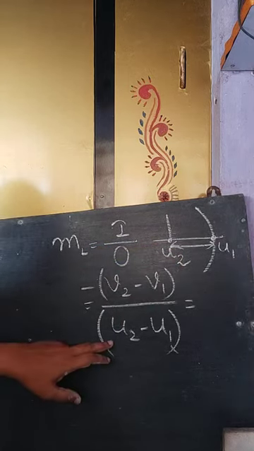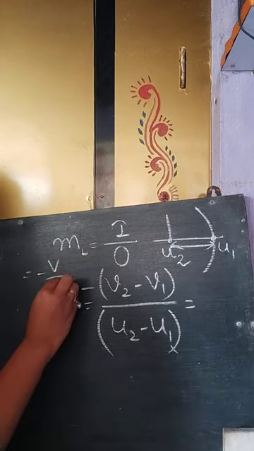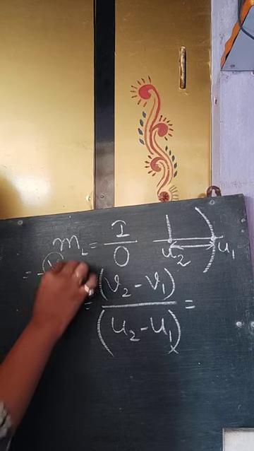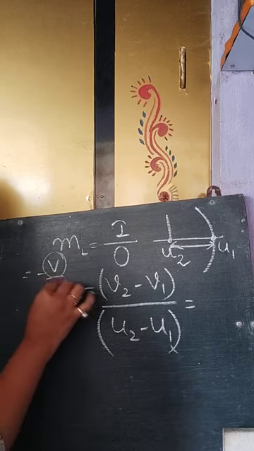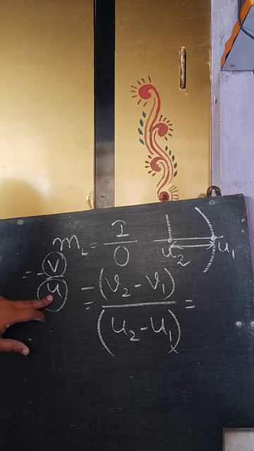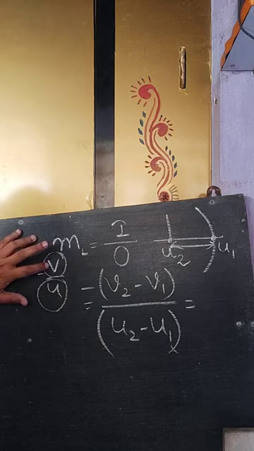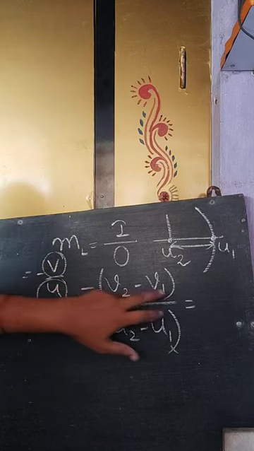Hopefully it is clear. That's why magnification can be written as minus V by U. V is the image distance and U is the object distance. So instead of writing U, I am writing U2 minus U1, and instead of writing V directly, I am writing V2 minus V1.